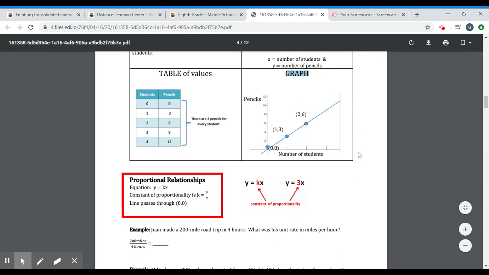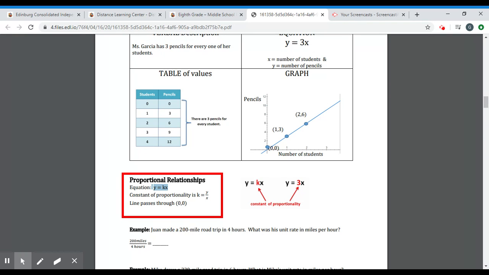So let's overview this. Remember that for proportional relationships, your equation is y equals kx. In the previous week, we were working with y equals mx plus b. But because we're working specifically with proportional relationships, it's going to be y equals kx, because there is no y-intercept. The y-intercept is understood to be 0.